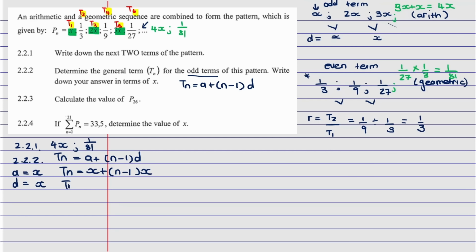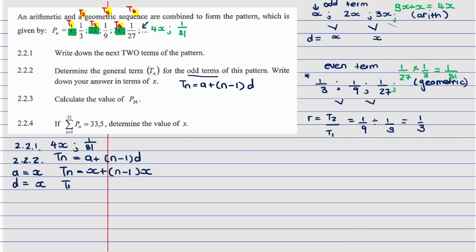Since the bases are the same, and 1 over 3 is the same as 1 over 3 to the power 1, using exponential notes, T13 is basically equal to 1 over 3 to the power 1 plus 12. So therefore T13 is basically equal to 1 over 3 to the power 13. So this will be your final answer for this question.